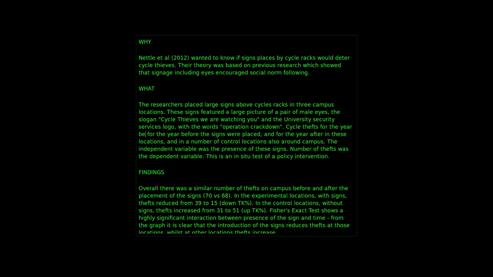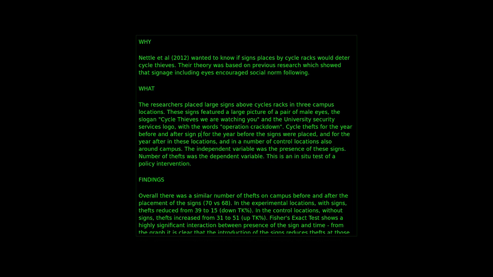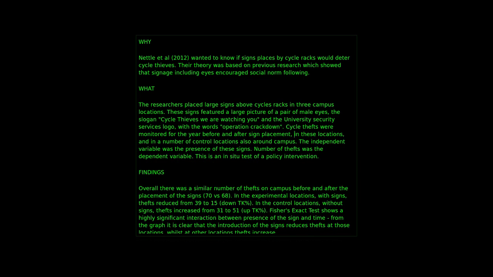For the year before and after sign placement, cycle thefts were monitored for the year before and after sign placement. In these locations and in control locations. Also around campus. The around campus is relevant because it shows that they're comparable.